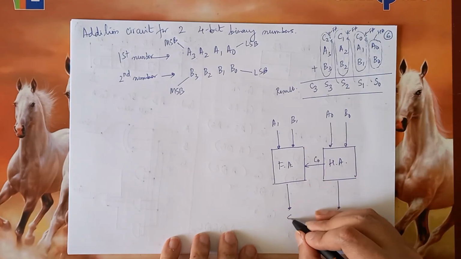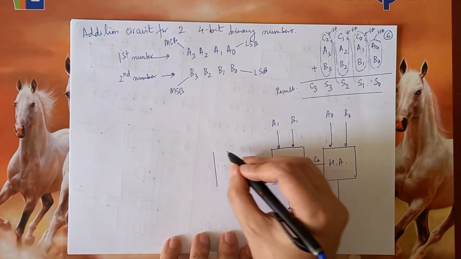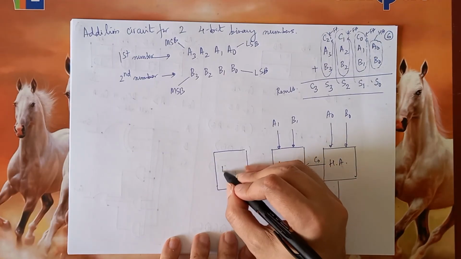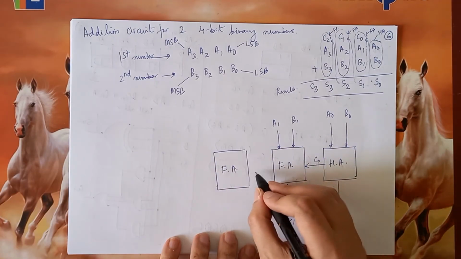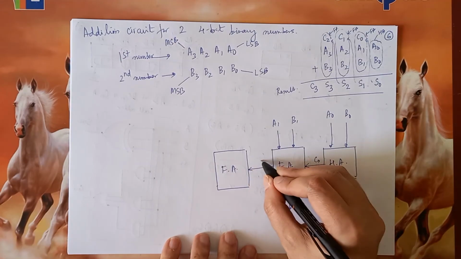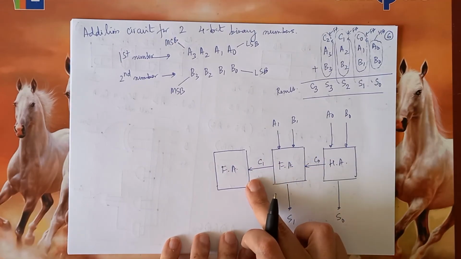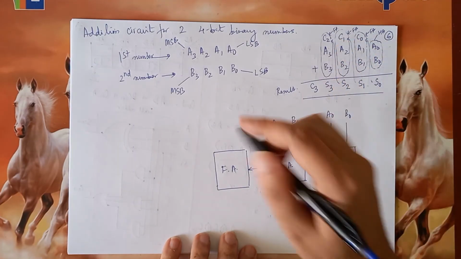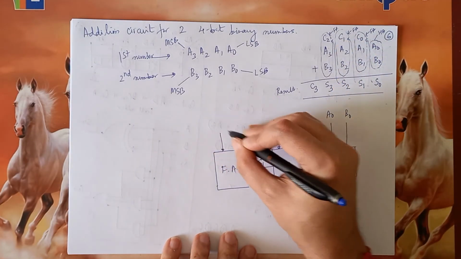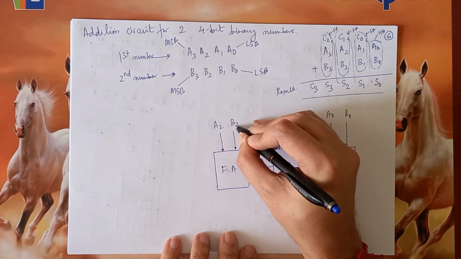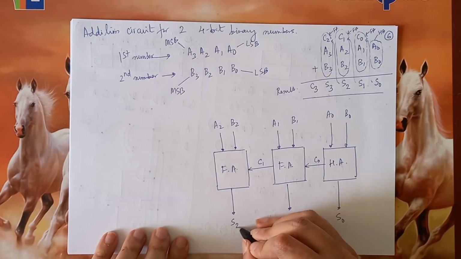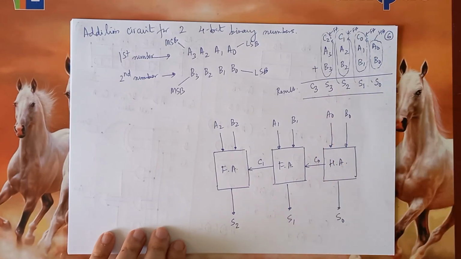And the sum output will be S1. Next stage will also be a full adder. The carry from the second stage is C1, that will go over here, and C1 will get added with A2 and B2. And this is the sum S2.